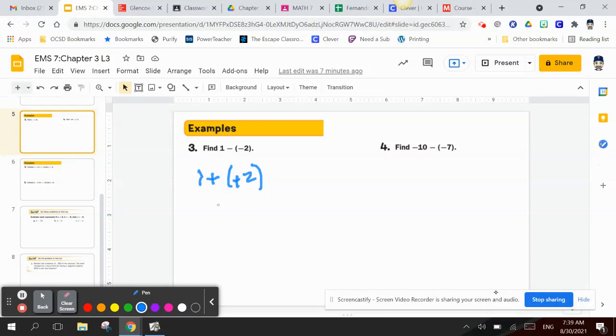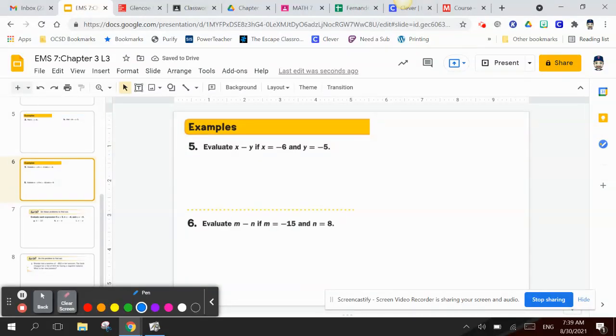So 1 plus 2 is 3. So when I look at number 4, negative 10 minus a negative 7, the 2 negatives make that a positive. So 10 minus 7 is 3, and 10 is the larger number, so the answer has to be negative.